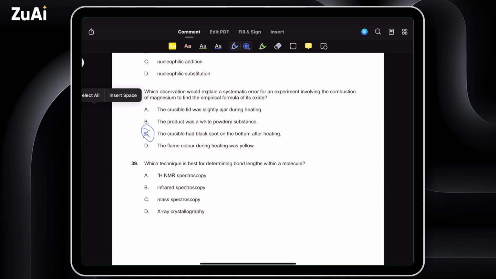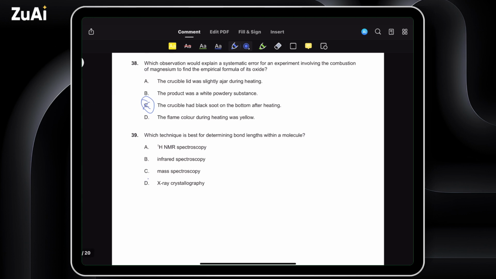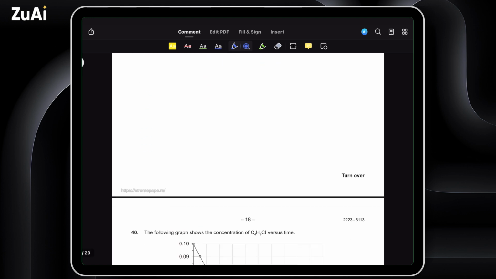Which technique is best for determining bond length? X-ray is the technique for determining bond length, because mass spec determines molecular mass, infrared spectroscopy determines functional groups, and this identifies the structure. So X-ray.